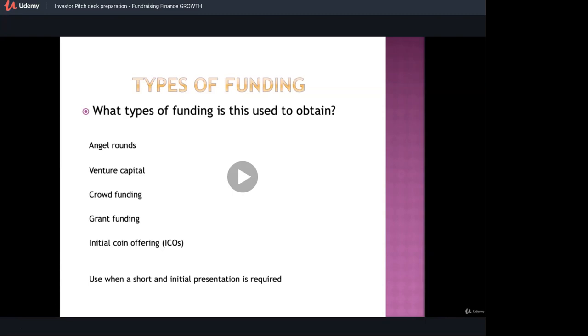Okay, now this is an interesting point. Just because you get money from family and friends, and you can get a few thousand pounds here, a few thousand there, you must treat the family and friends round very differently from a professional investor. The family and friends might give you money, whatever.